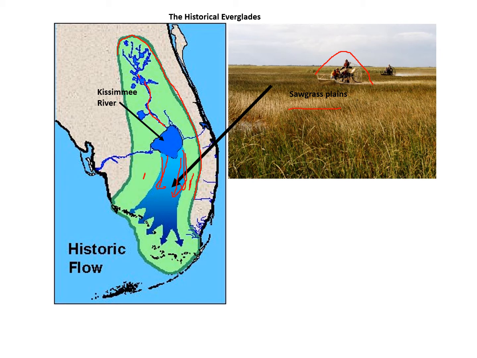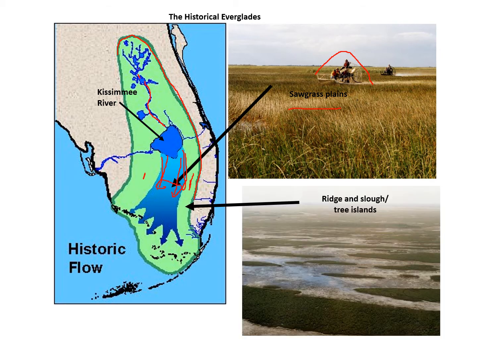And then just outside the central part of the river of grass, what you'll see are these ridge and sloughs. Okay, sloughs are low-lying areas where you get faster water flow. The elevation difference between a slough and a tree island could be a couple inches to maybe half a foot or a foot.